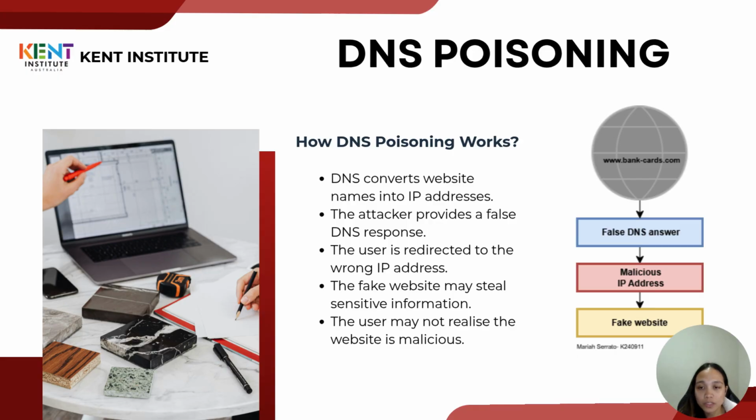If the user enters sensitive information such as login details, this information could potentially be exposed. Therefore, DNS poisoning mainly causes incorrect website redirection, while ARP poisoning can allow traffic interception.